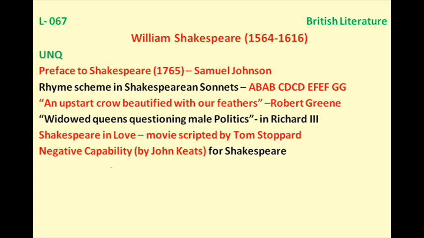He gave the theory of negative capability. When we were discussing criticism and theories, at that time we talked about John Keats, and he gave the theory of negative capability. According to him, who is the best example of this? So we have the answer, William Shakespeare.